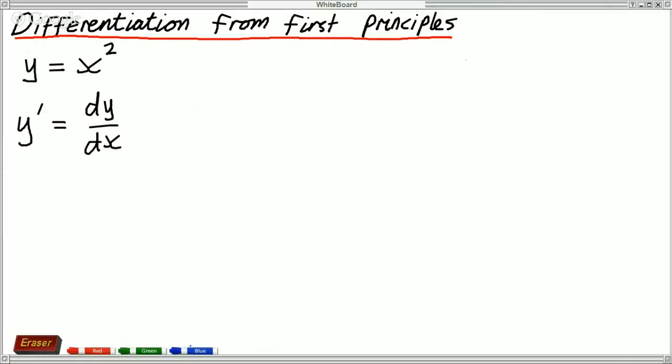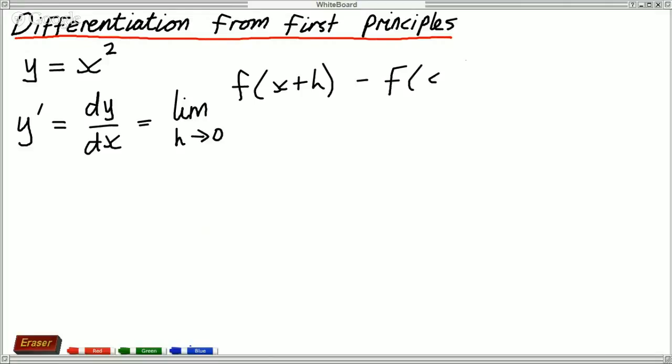We are going to take the limit as h approaches 0 of function x plus h, so the value of y at x plus h, minus function x, so that will give us our rise, over the run, which will be x plus h minus x, so it's just going to be h there on the denominator.